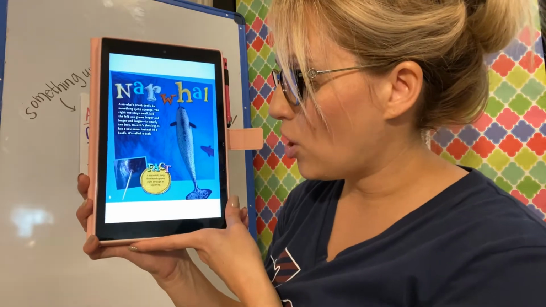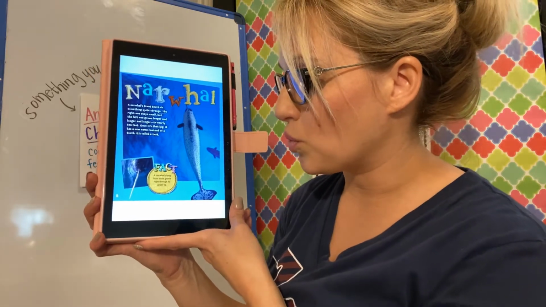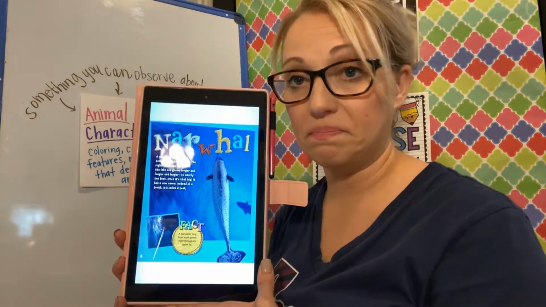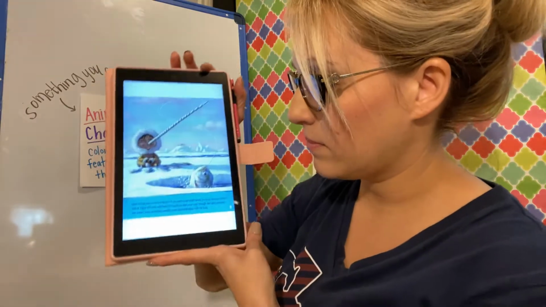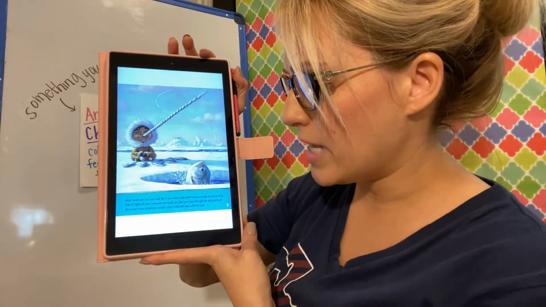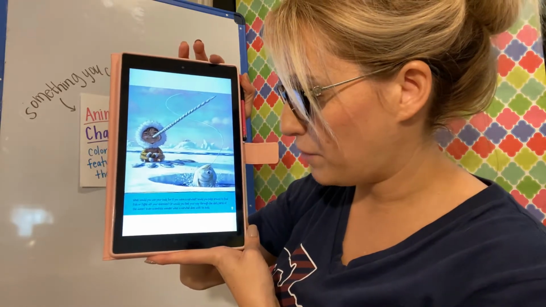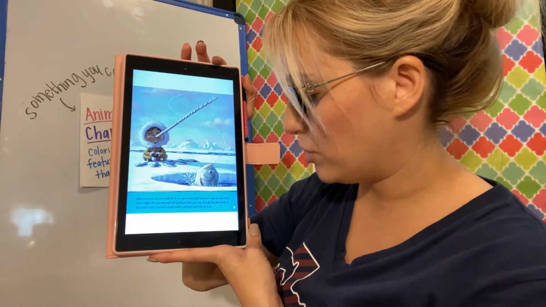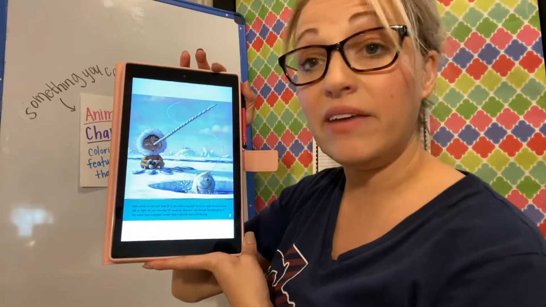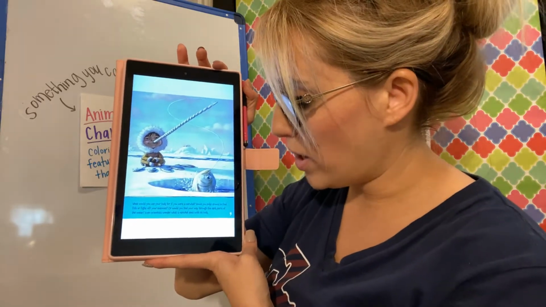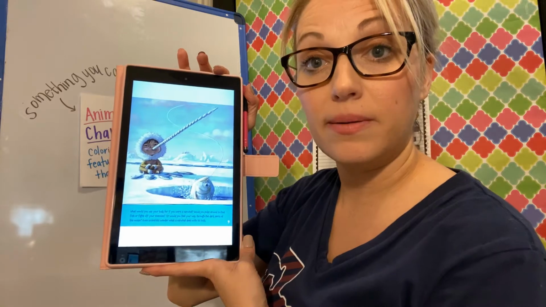Fact. A narwhal's long front tooth grows right through its upper lip. What would you use your tusk for if you were a narwhal? Would you poke around to find fish or fight off your enemies? Or would you feel your way through the dark parts of the ocean? Even scientists wonder what a narwhal does with its tusk.